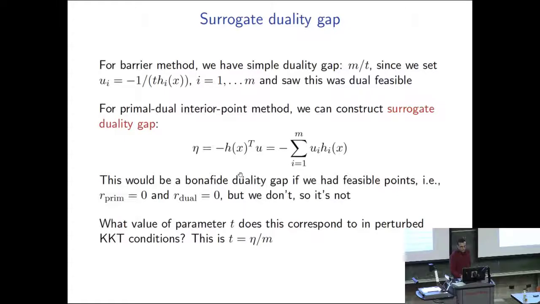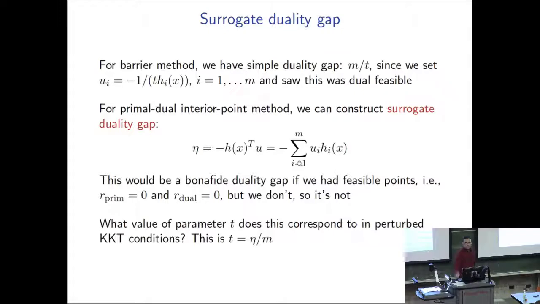Going through the exact same calculation, we could still plug u and v into the Lagrange dual function, take the difference between the primal criterion at x and the dual criterion at u and v, and that would lead to minus the sum of ui hi. That's the calculation we did last time. And when you plug in ui to be minus 1 over t times hi, this becomes positive 1 over t, the sum from 1 to m, and that's where the m over t comes from.